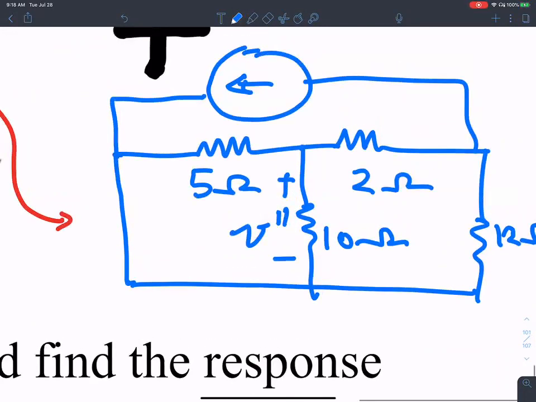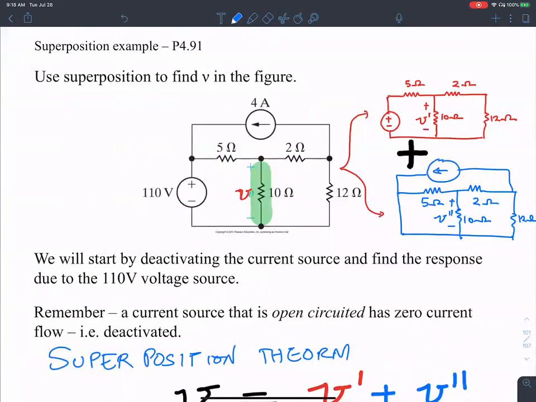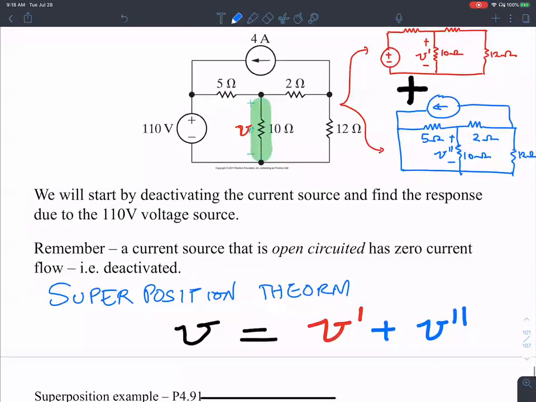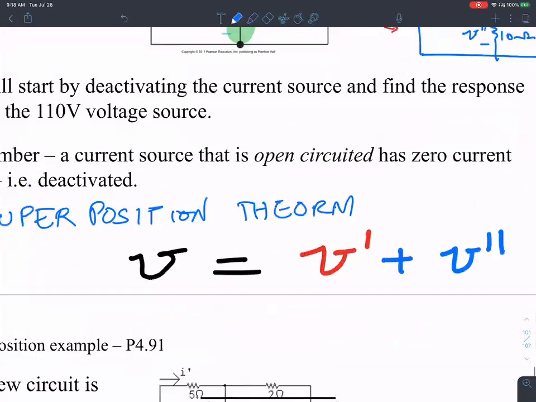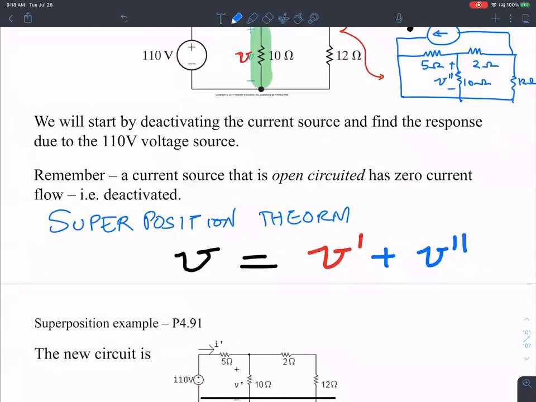I can use the current division method. Once I find V dash and V double dash, I can evaluate the overall behavior of the circuit, V, which is the sum of V dash and V double dash.